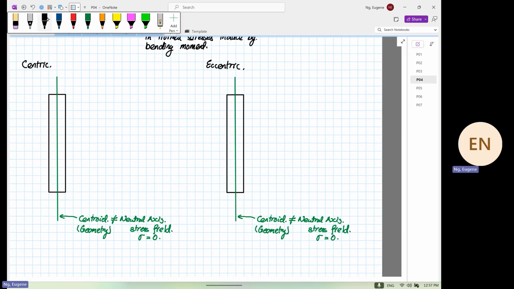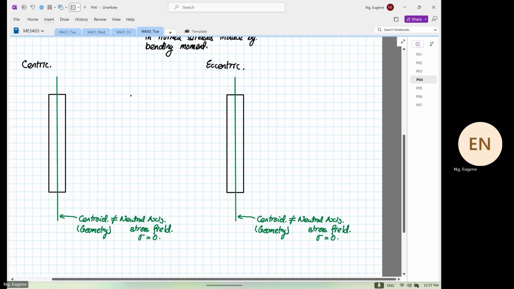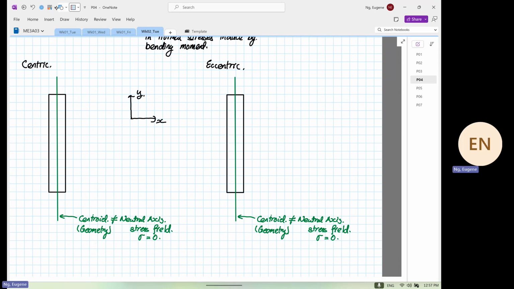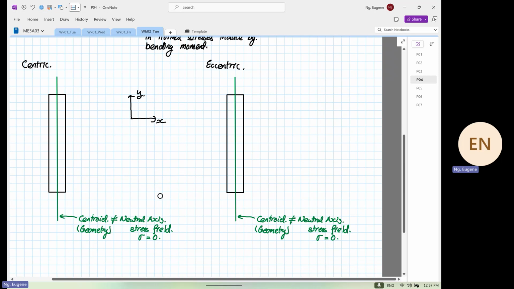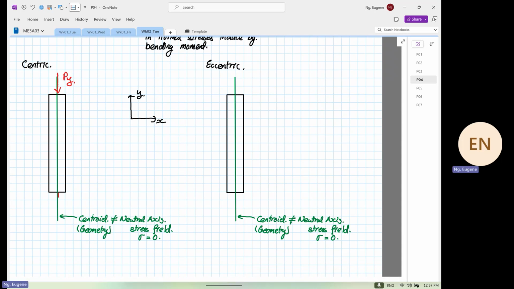And if I will have my transformation, this is X and this is Y. And if it's under centric buckling, the load will exactly act on where? Act on the centroid.